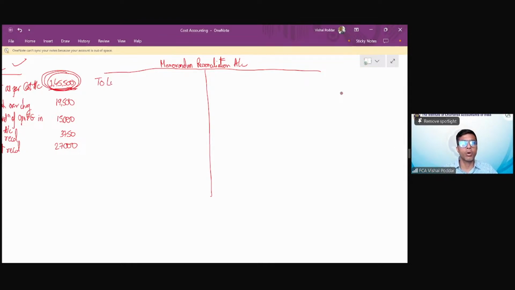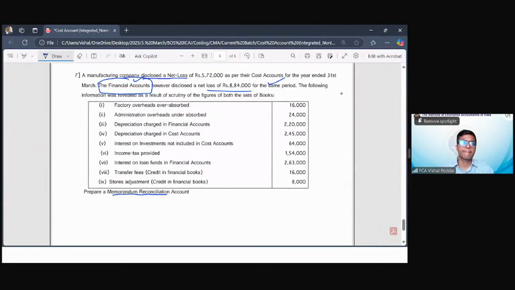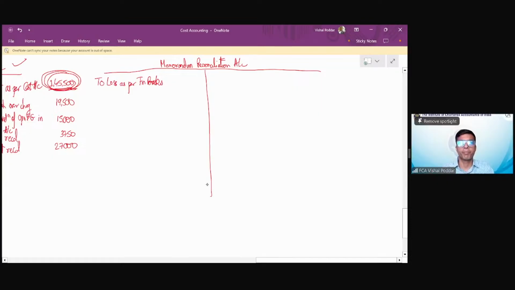So I will write to loss as per financial books. How much is the financial books loss? 884. So simply, if it is a loss sum, there is no writing of negative values. You will put the opening balance on the debit side.